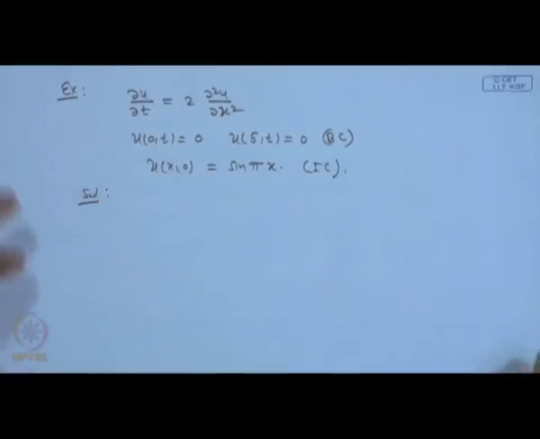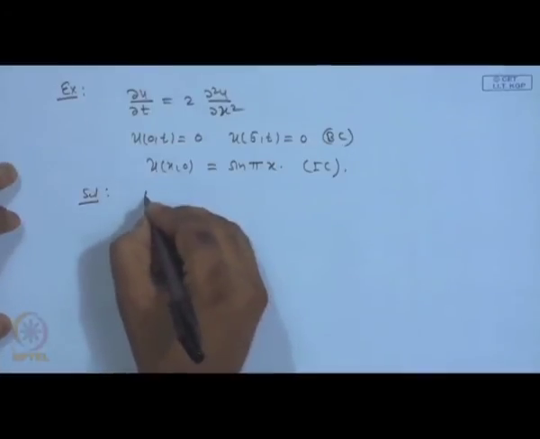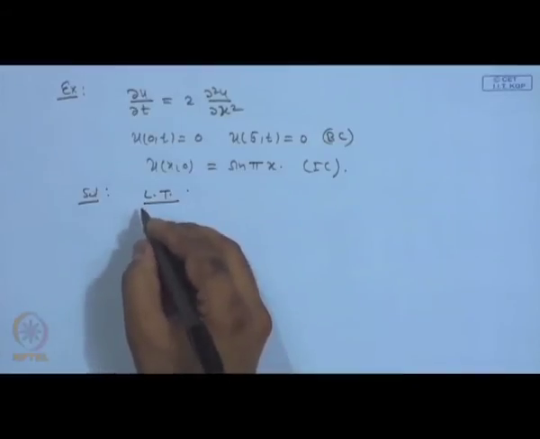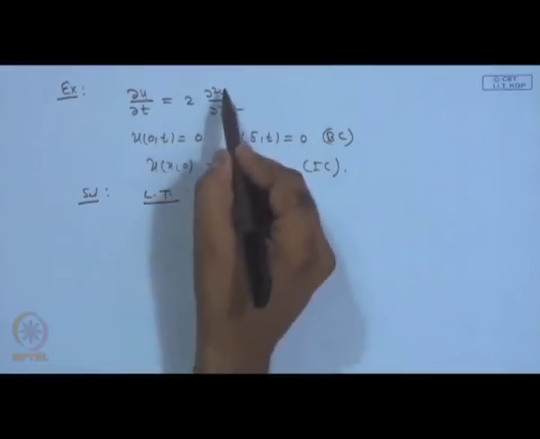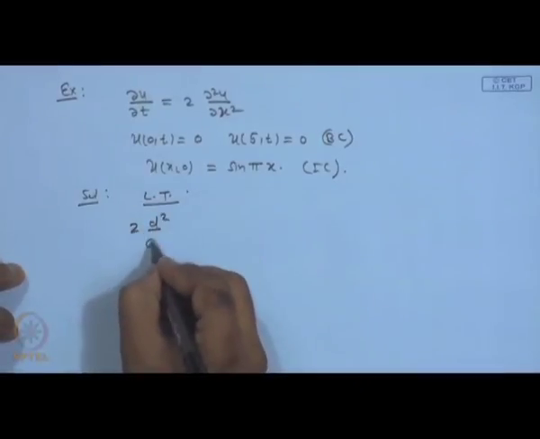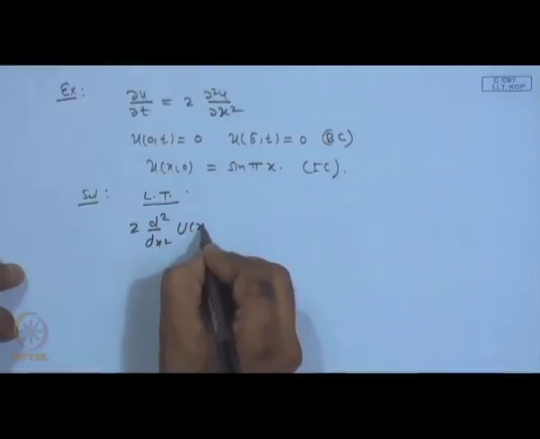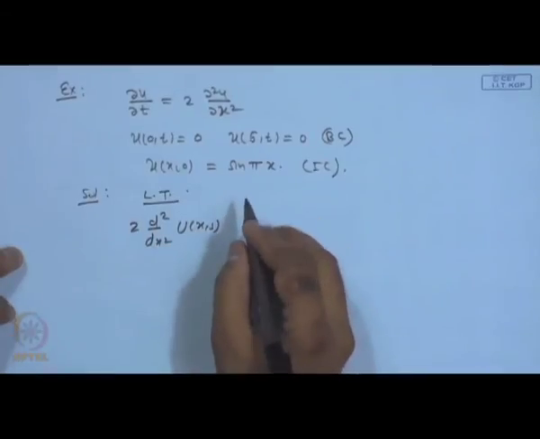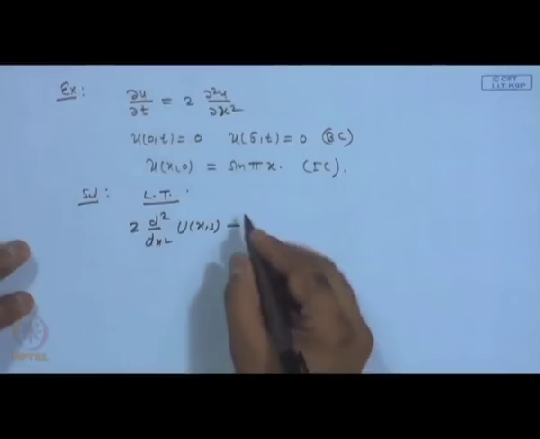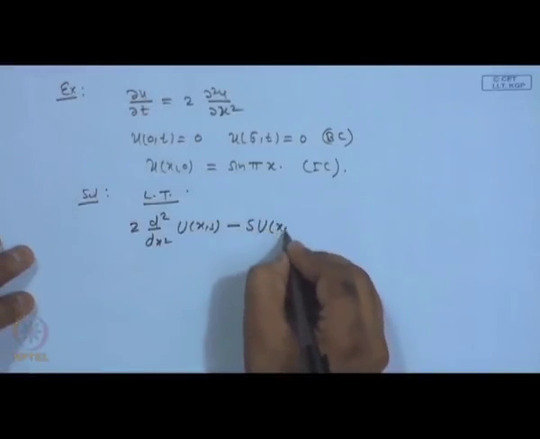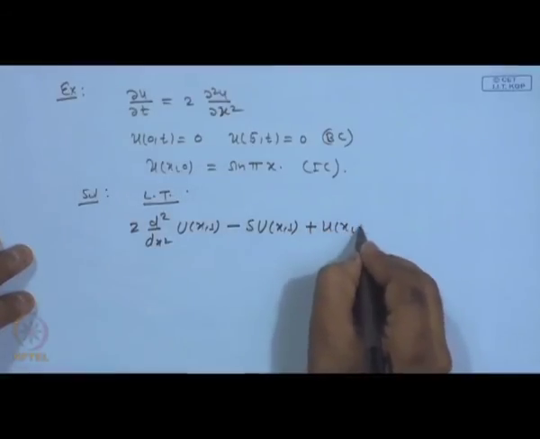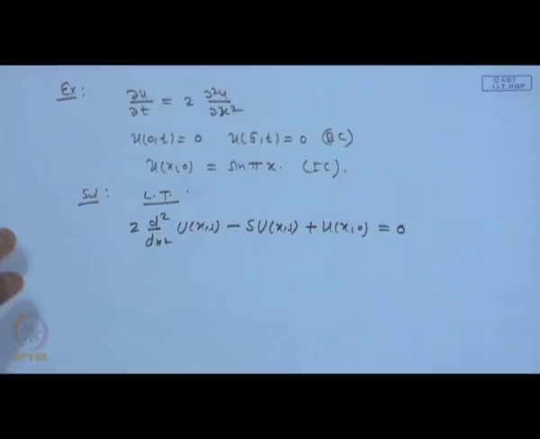Now we solve by taking the Laplace transform of both sides of the equation. Let us first take the left hand side. We have 2 del 2 over del x 2 of u(x,s) minus s u(x,s) plus u(x,0), which is sin(pi x), equal to 0.